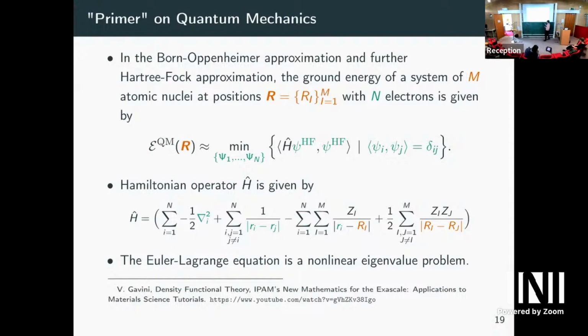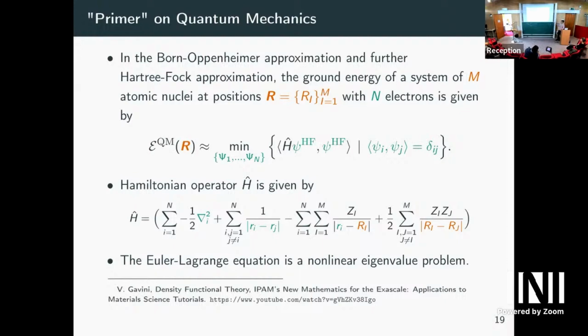So you have a general multi-body wave function. You restrict it in this approximation to just looking at what's called a Slater determinant. You minimize subject to the constraint that these are normalized single electron wave functions. And then you have this Hamiltonian operator, which is as follows. So little r_i's are positions of electrons, capital R_i's are positions of atoms.